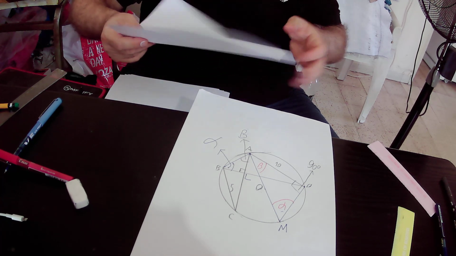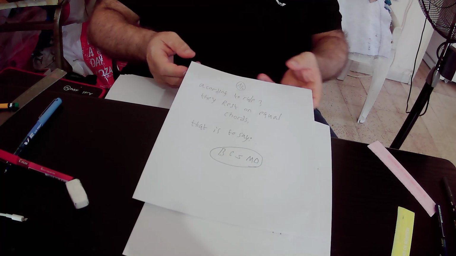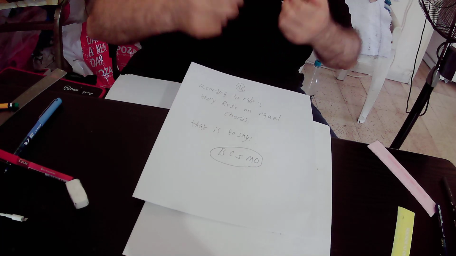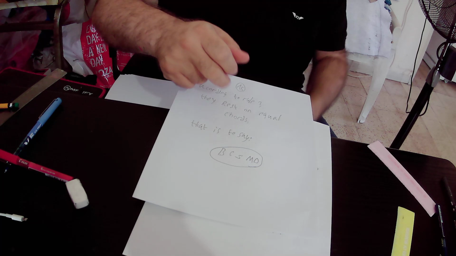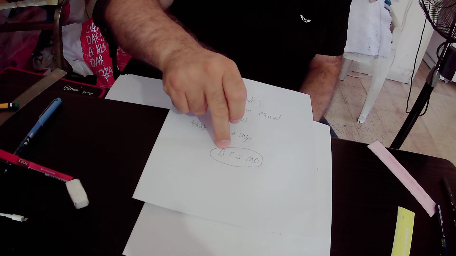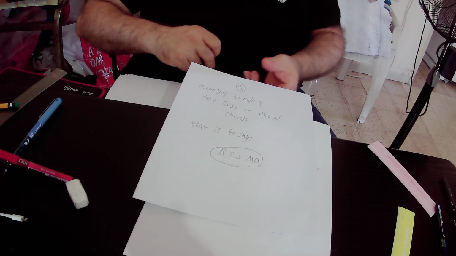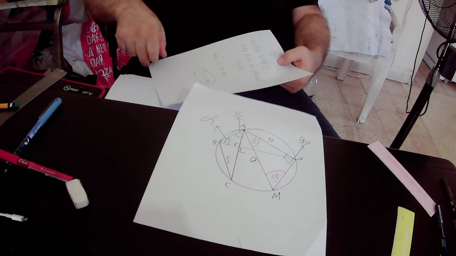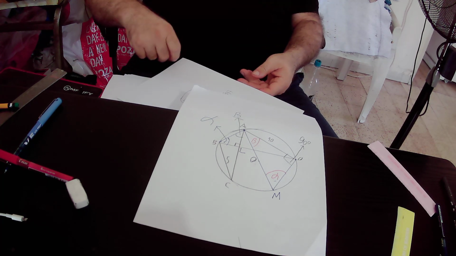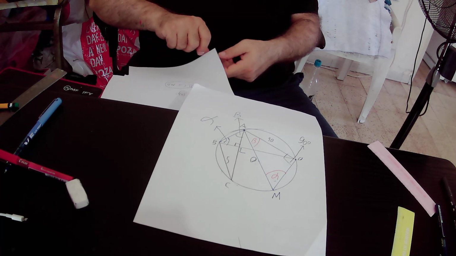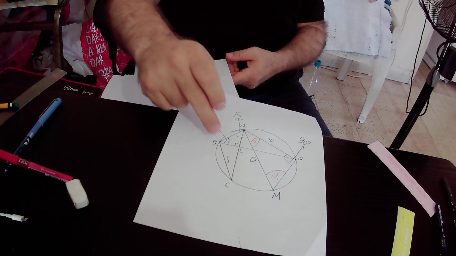So according to rule number 3, because those two angles are equal to each other, they rest on equal chords. That is to say, BC equals MD. But we know that BC equals 5 units.